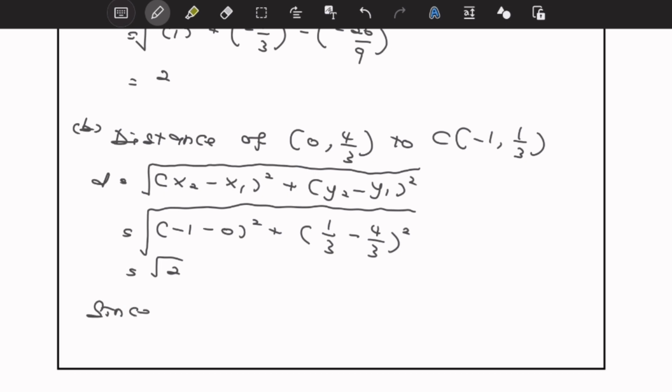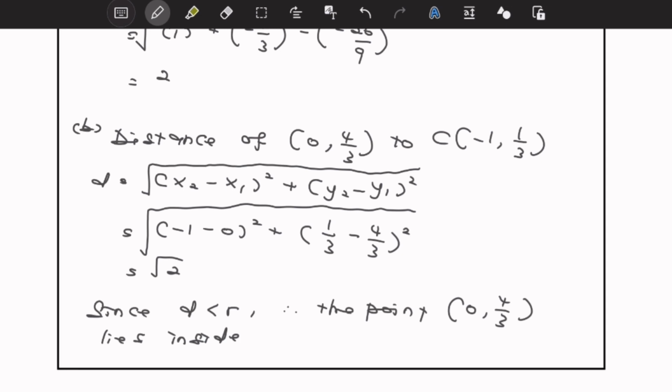Since the value of d is less than the value of r, therefore the point (0, 4/3) lies inside the circle.